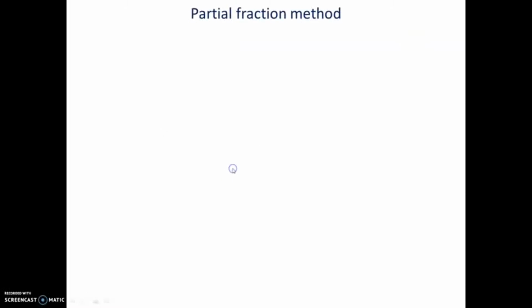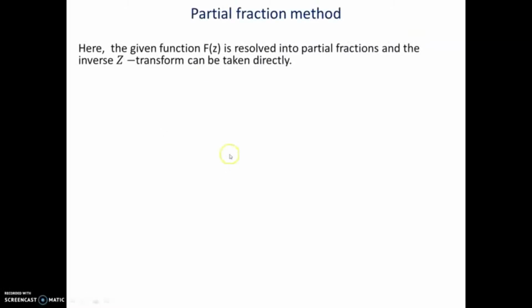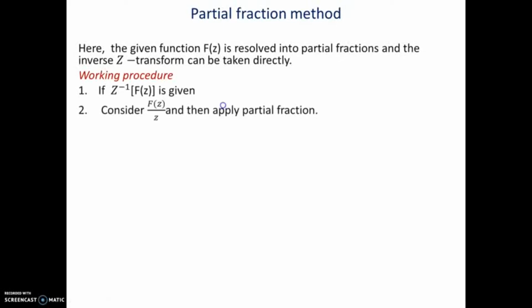We will now proceed to find inverse Z transform with the help of the partial fraction method. Here the given function F of z is resolved into partial fractions and the inverse Z transform can be taken directly. This method is very easy because there are three steps to find the desired solution.